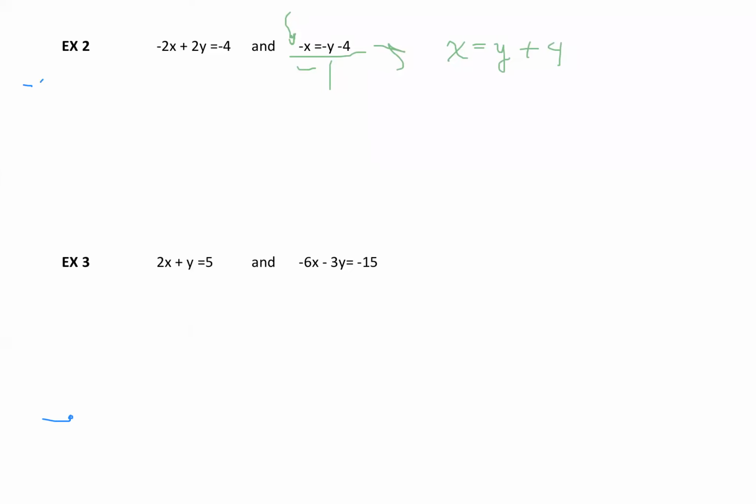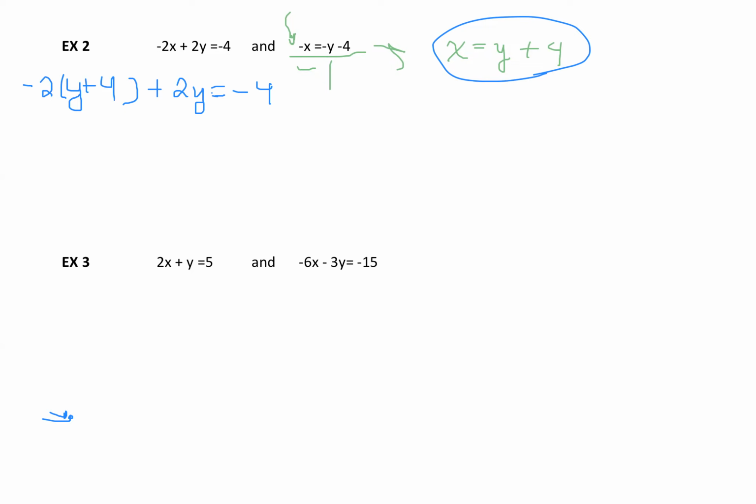So negative 2x plus 2y equals negative 4. And in place of x, I'm going to put y plus 4 in there. Okay, so far so good.